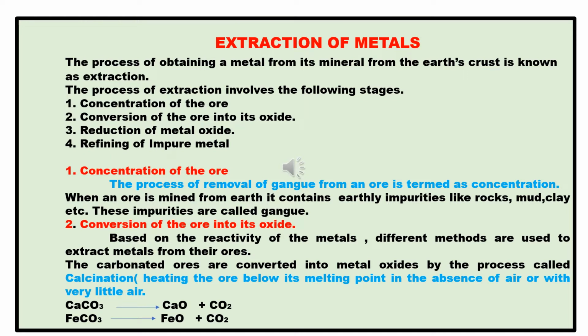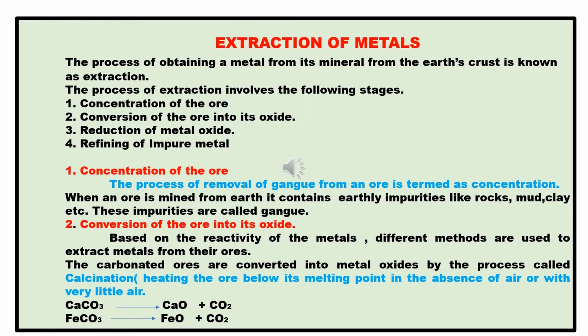So removal of impurities from an ore is known as concentration. When an ore is mined from the earth, it contains earthly impurities like rocks, mud, clay, etc. These impurities are called gangue. So, gangue means the impurities like rocks, mud, clay, etc., or the earthly impurities which are associated with the ore.